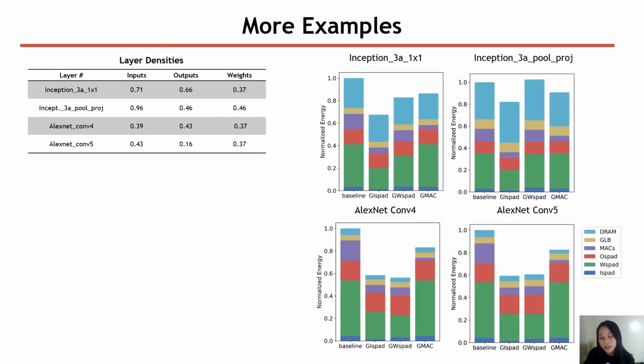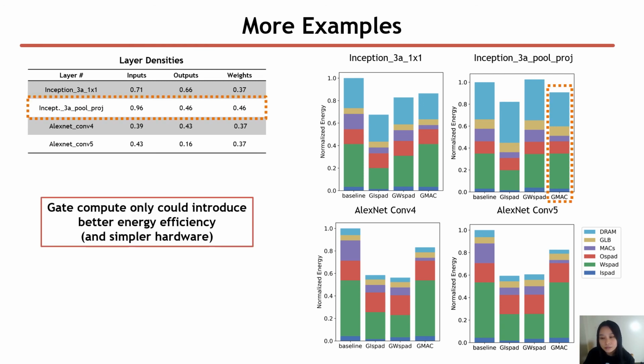This is again applying gating on the different example layers, and one column that we haven't talked about is gate MAC only. So this is basically letting your MAC recognize a zero operand. And you can imagine this is the way that incurs the least amount of extra hardware. And as you can see, it sometimes actually outperforms the ones that introduce a lot of metadata overhead.